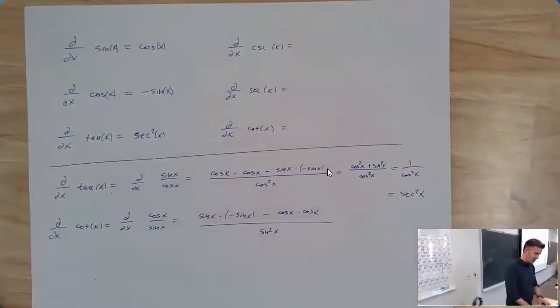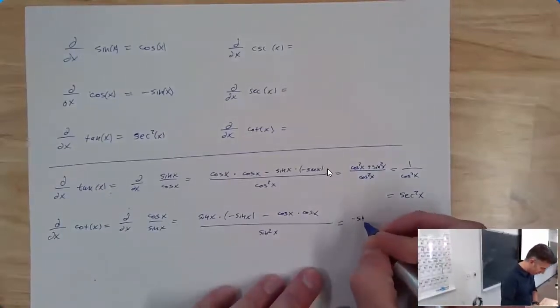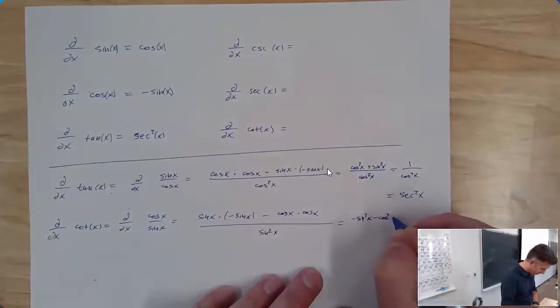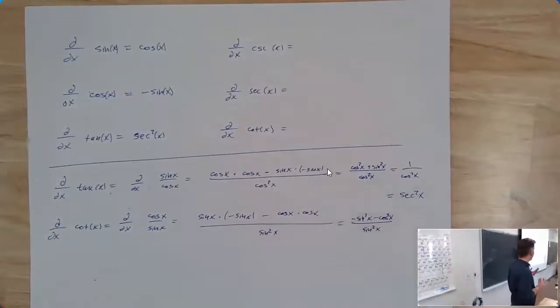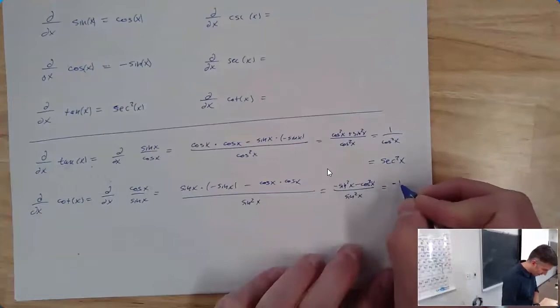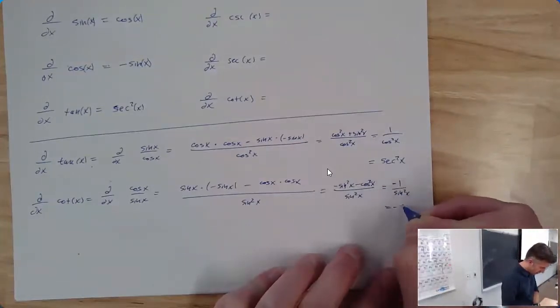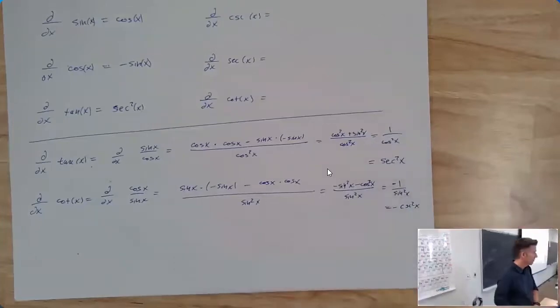And now you almost have the same thing as before. It's a little different. You have negative sine squared x minus cosine squared x all over sine squared x. If you factor out a negative 1 from the top, you have negative 1 times sine squared x plus cosine squared x, which is just negative 1 times 1. So again, we see that trig identity. This top part is just negative 1 over sine squared x, which becomes negative cosecant squared x.